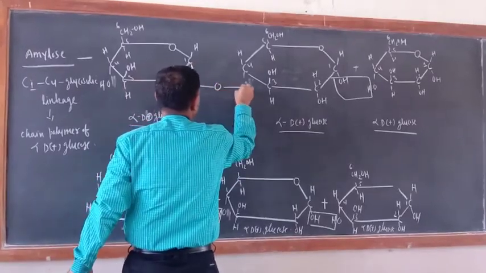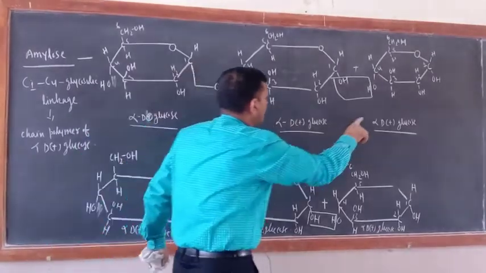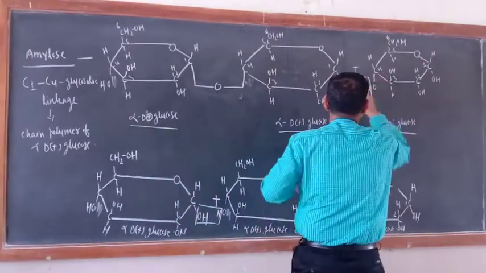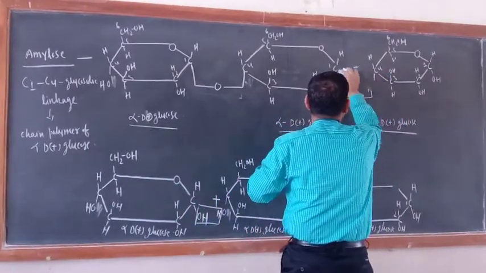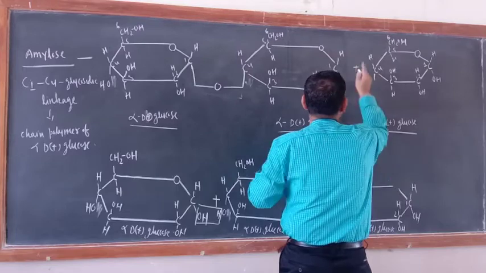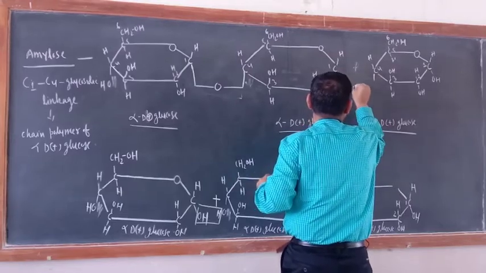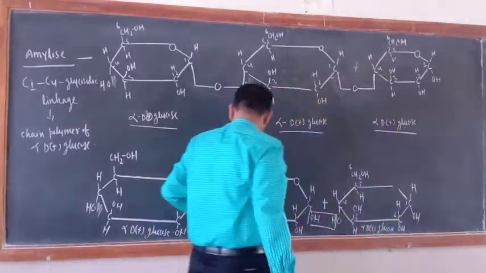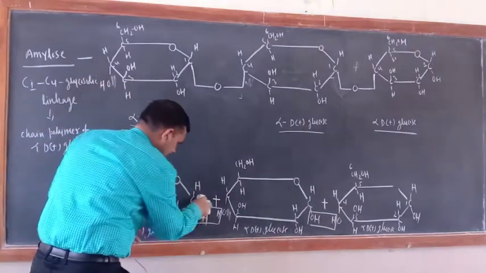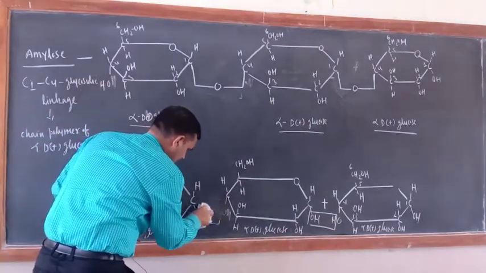This one. This is divalent oxygen. Here also this oxygen is there. So this is responsible for linkage between two monosaccharide units. Now we can write like that. Correct? Yes. Here also just see the positive sign and this one remove.